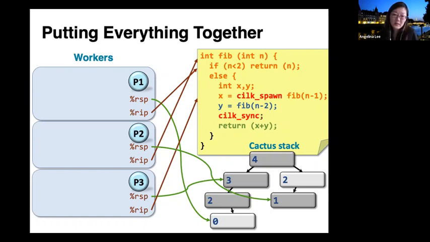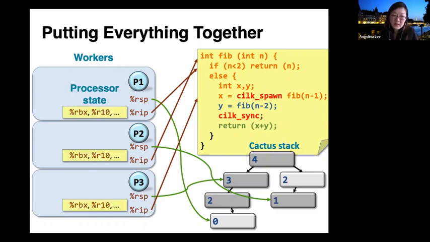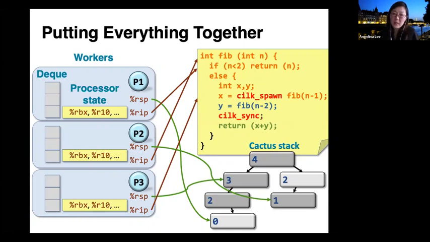And in particular, its RSP pointer has to be pointing to somewhere in the Cactus stack that's also maintained by the system. Each worker has its own processor state. And each worker also has its own work deck that keeps track of the work item that it is responsible for. Okay, so at a high level, these are the various constructs that we need.